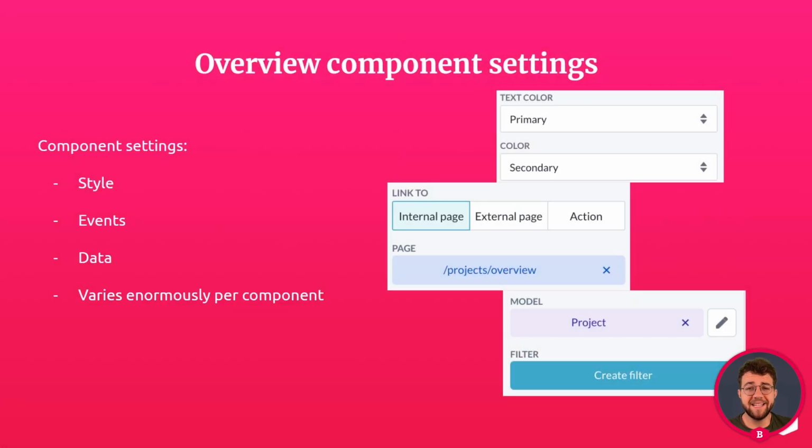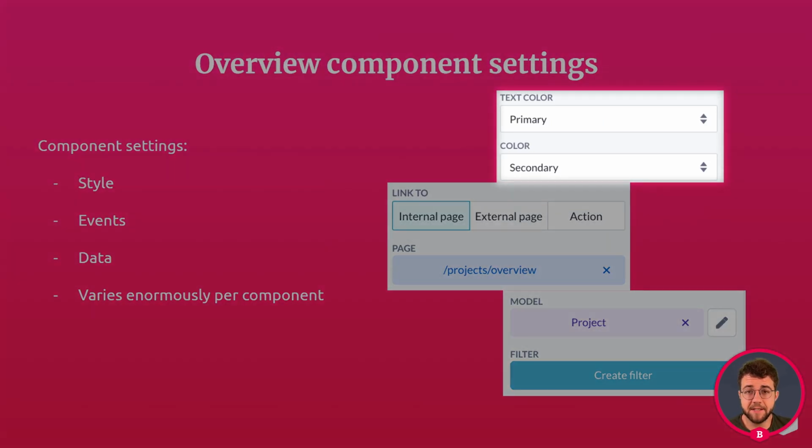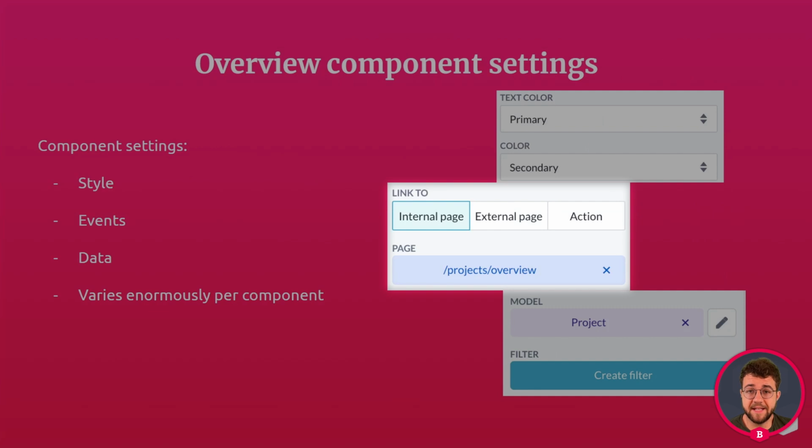The moment you click on an item within your object tree, you get into the component's settings. And there are a lot of component settings because there are a lot of different components. But let's go over the regular settings that we have. You have style settings. These allow you to change the shape or size or color of a component. You have some event settings. This means that whenever you click or press something within the component, something else needs to happen.